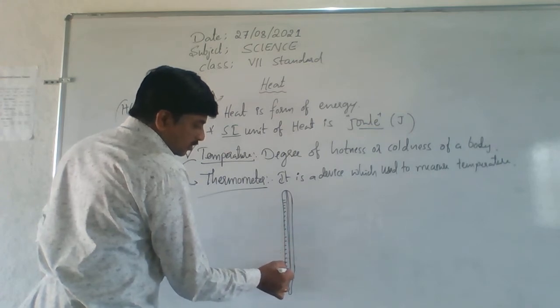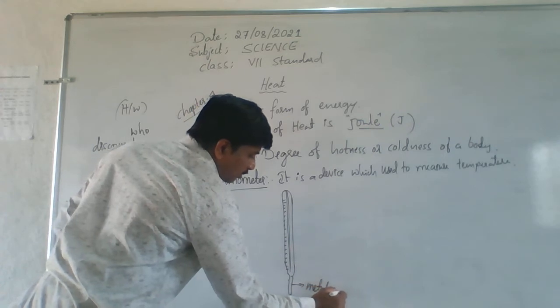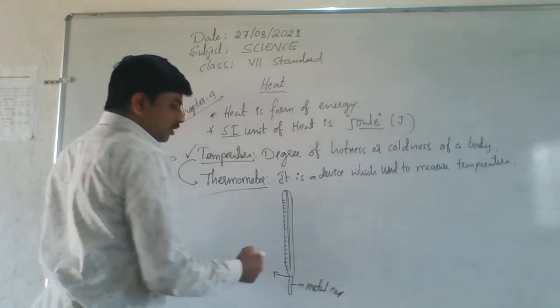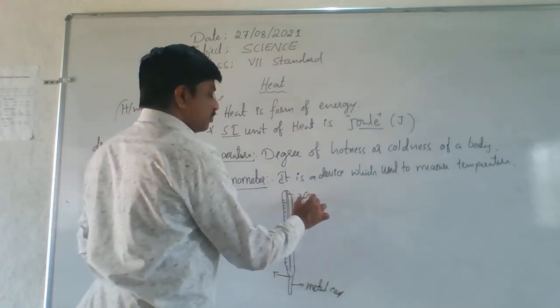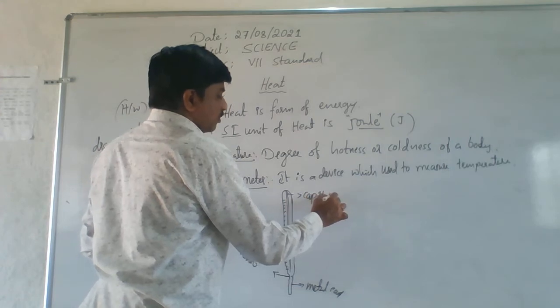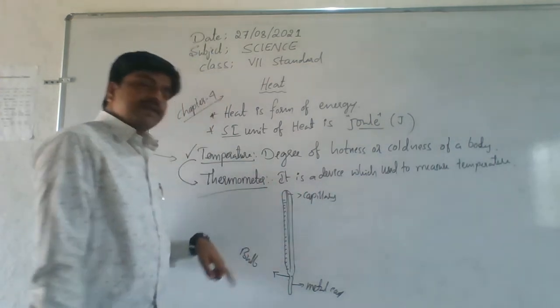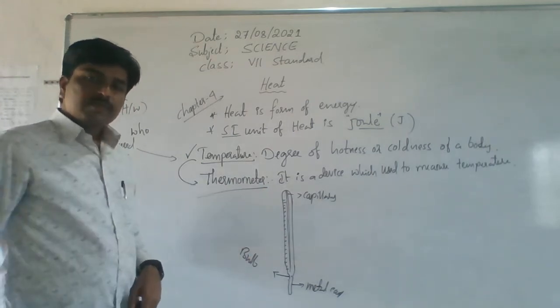Here is a metal cap. This is a bulb, and this is the capillary. The picture is given in our text. In older days, doctors used this thermometer which is made of glass.